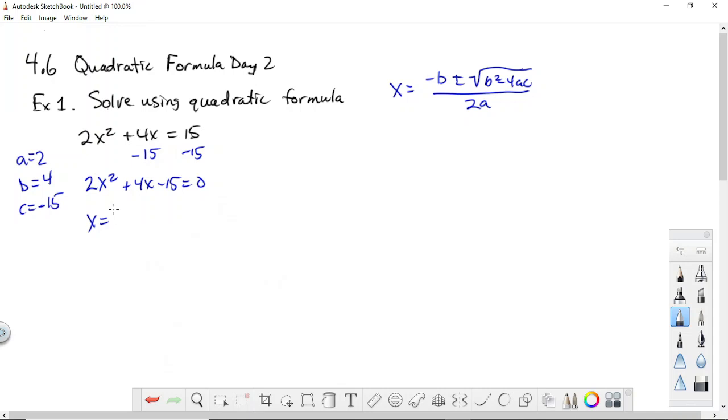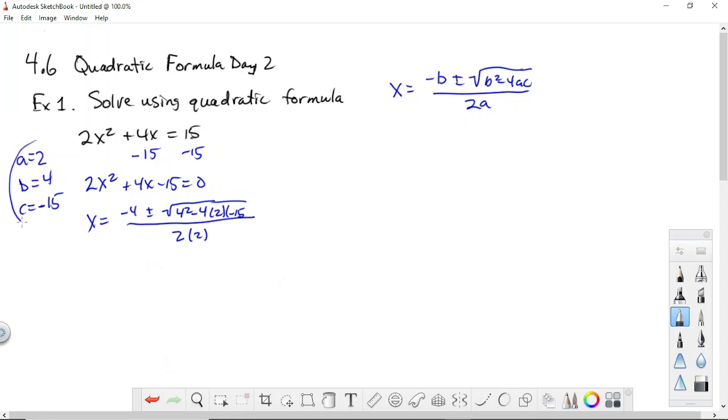So now we plug into the formula. X equals negative B; B is 4, so it's negative 4 plus or minus the square root of B squared, which is 4 squared, minus 4ac, where a is 2 and c is negative 15, all over 2a, which is 2 times 2.